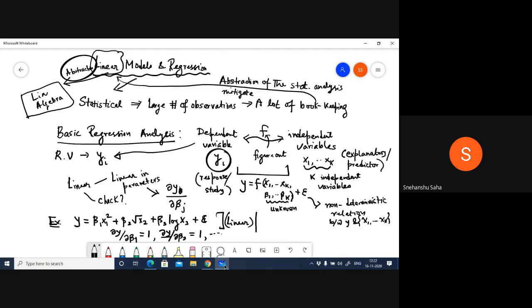However, take another example where the model is y equals beta 1 squared x1 plus beta 2 x2 plus epsilon. Then del y by del beta 1 is no longer a constant; it's 2 beta 1. So such models are non-linear.